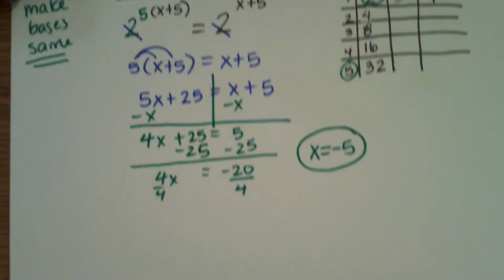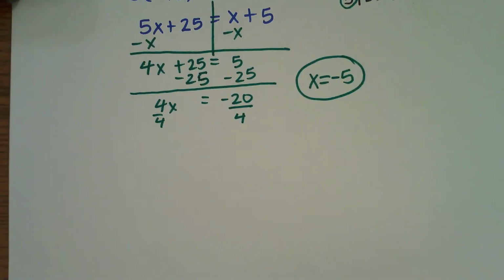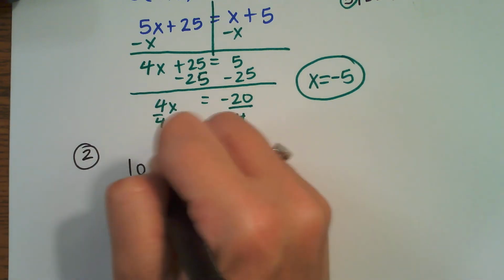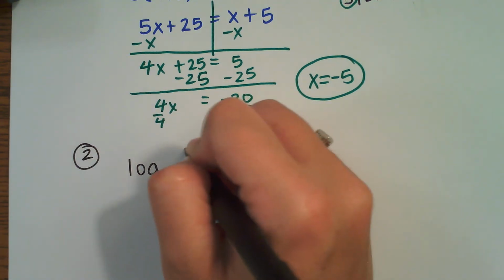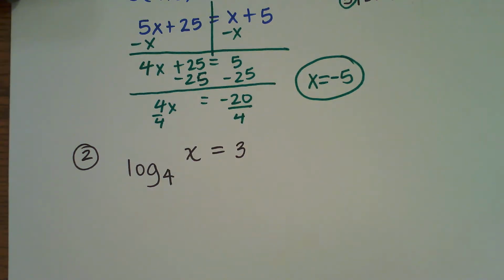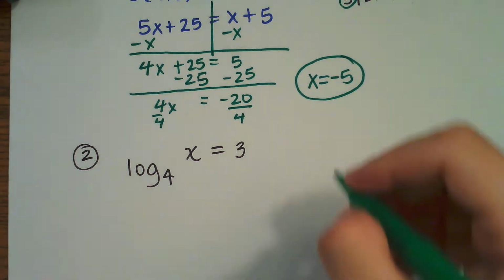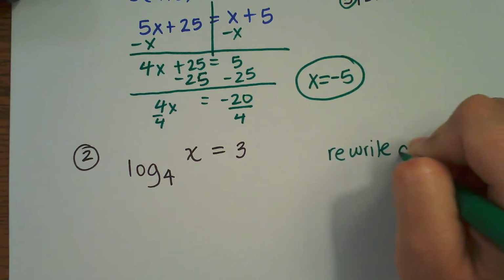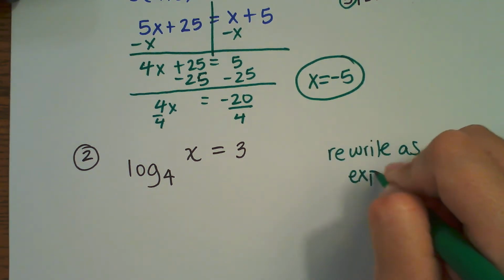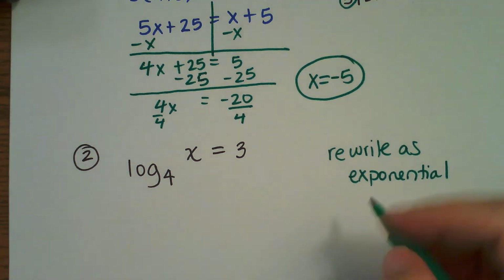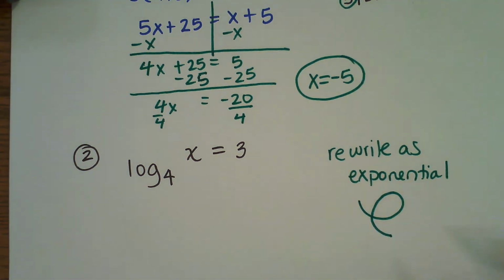Another style of problem we saw in this section was solving logarithmic equations. And to solve a logarithmic equation, we had to rewrite it as an exponential. So we use this loop.